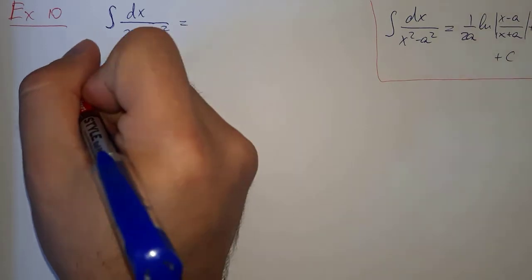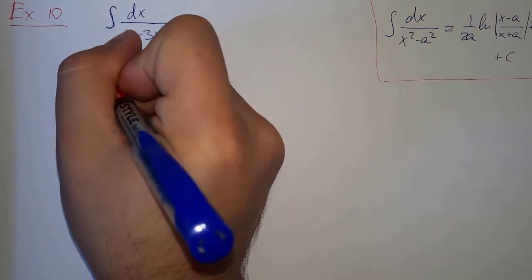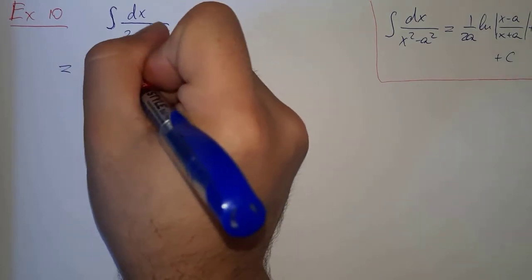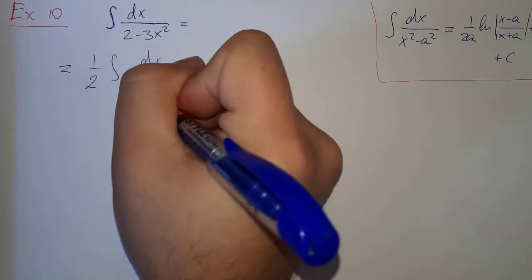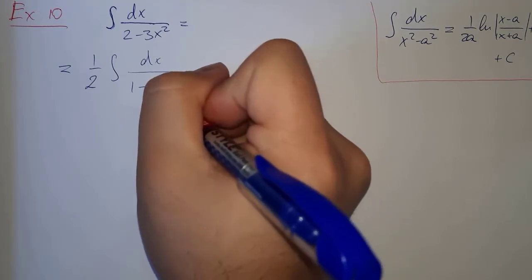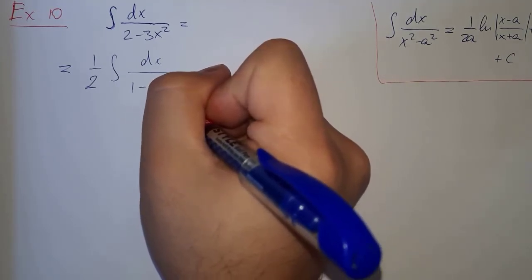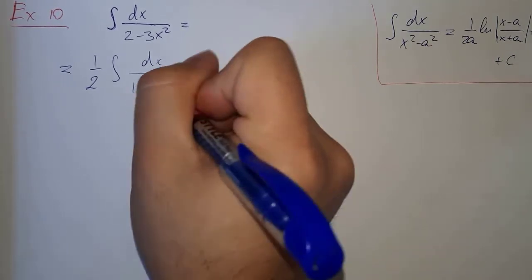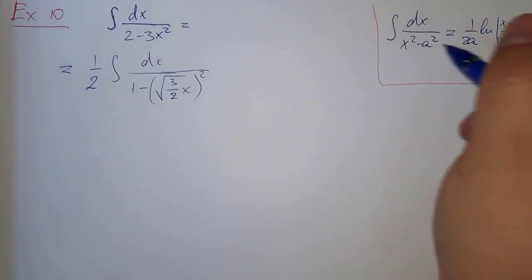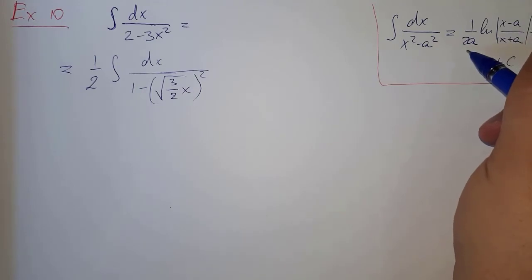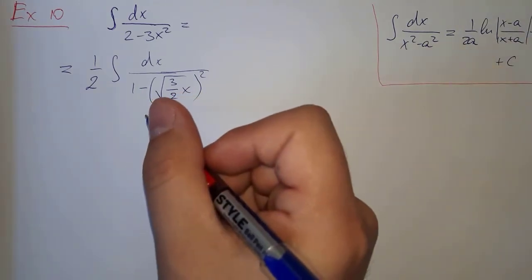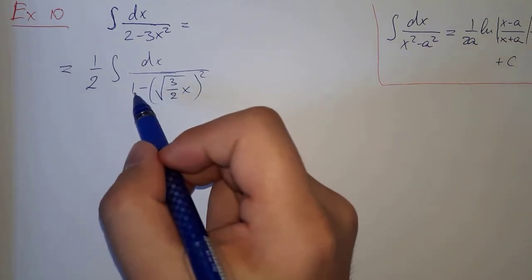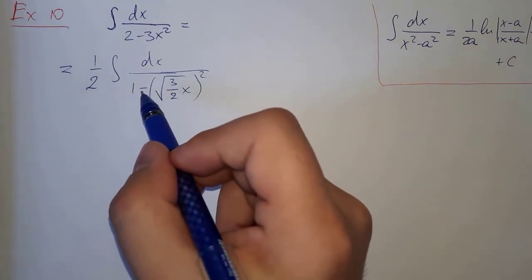Yes, of course, we need to factorize it. 1 over 2 taken out from the brackets, and we have dx over 1 minus square root of 3 over 2 x squared. We need to bring this to the form x squared minus a squared, where a is 1 in our case.